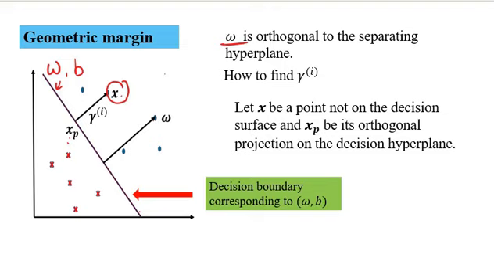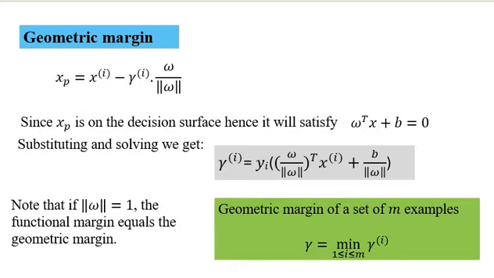Okay, now when W is the vector orthogonal to the decision surface, then W by norm of W would be the unit vector in the same direction. Why we need this unit vector? We'll just now see.